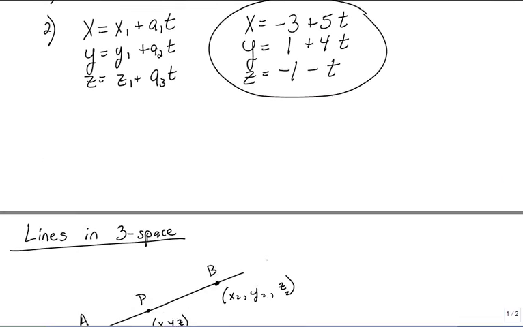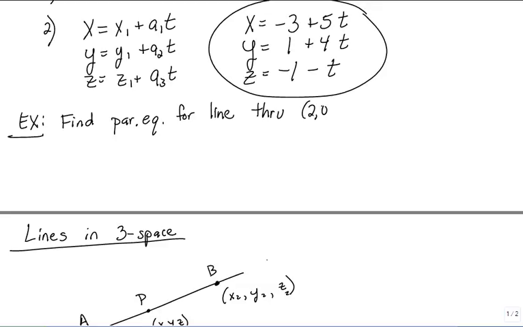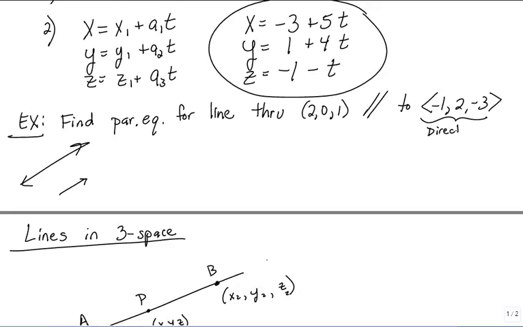And let's look at another example. Find the parametric equation for the line through 2, 0, 1 parallel to the vector -1, 2, -3. Well, if the line is parallel to this vector, then this is the direction vector for the line.